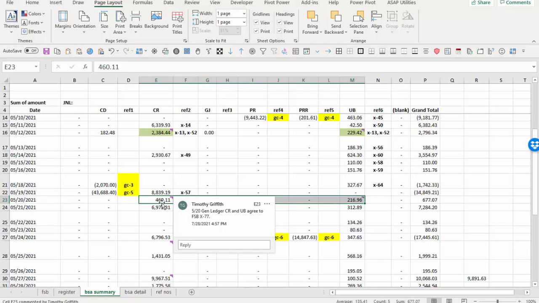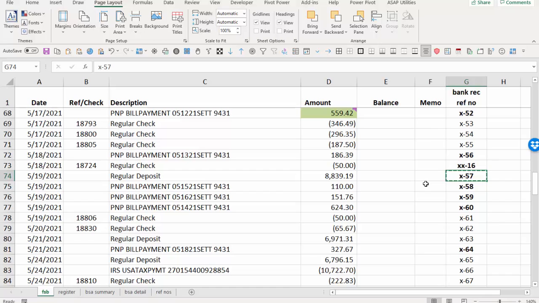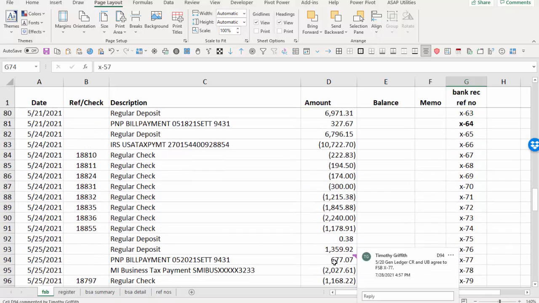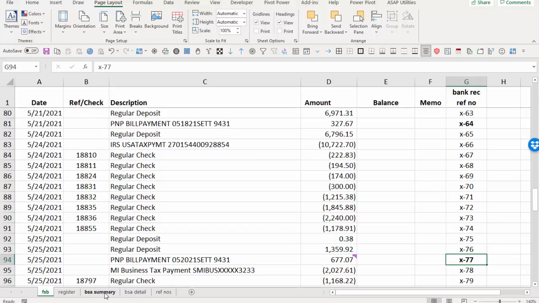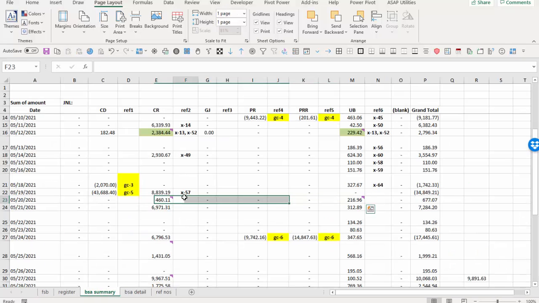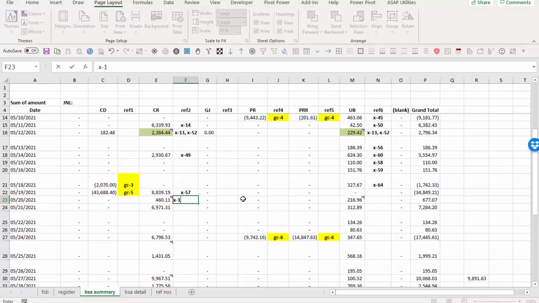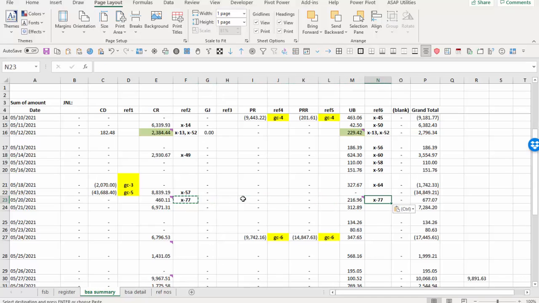And that agrees to a single amount in the bank, X77, 677.07. So we'll put X77 next to both of these amounts, and that's fine.